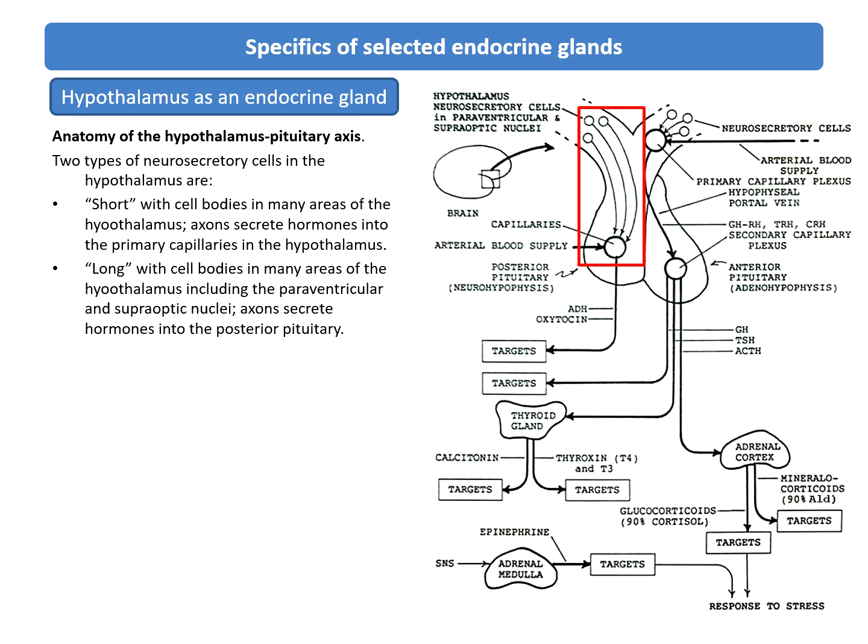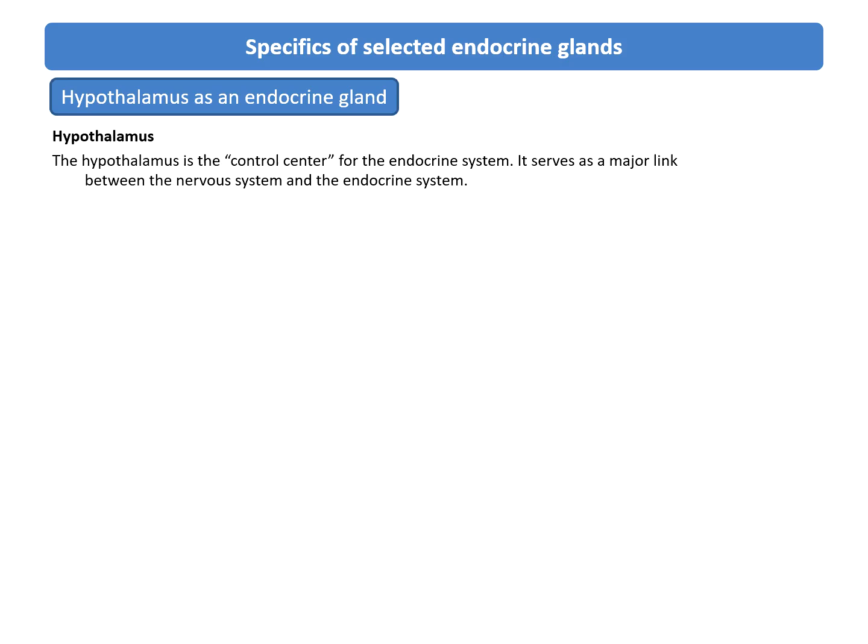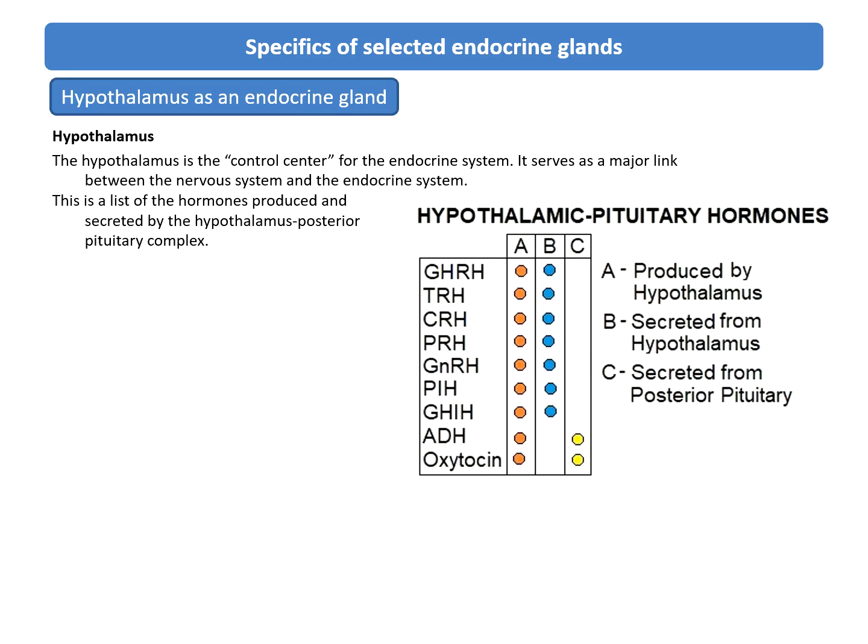Cell bodies are in other areas of the hypothalamus, including the paraventricular and supraoptic nuclei. Axons secrete hormones into the posterior pituitary. The hypothalamus is the control center for the endocrine system. It serves also as a major link between the nervous and endocrine systems.